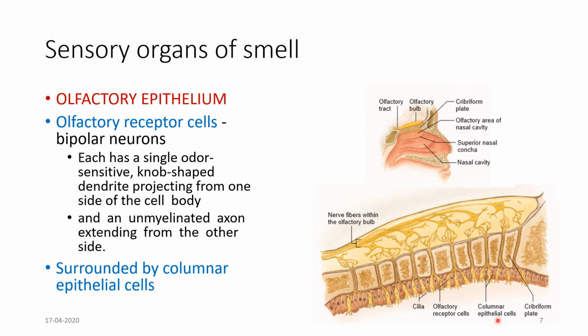And the cells, if you observe, apart from the bipolar neurons, there are columnar supporting cells, columnar epithelial cells we are seeing here.